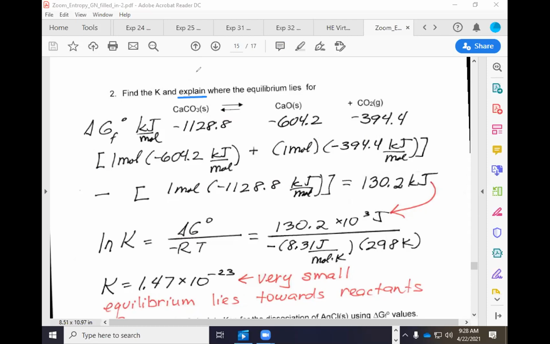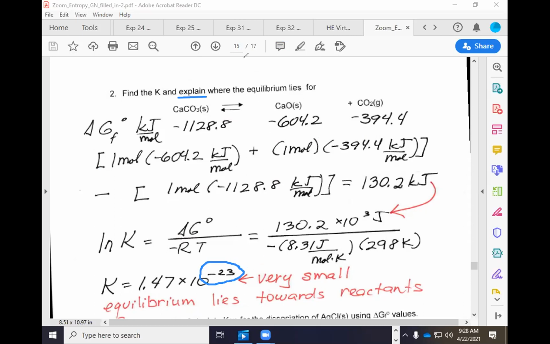So for this explain where the equilibrium lies, we could look at this. We just need to look at the exponent. The exponent is minus 23, which is so small, my brain can't even figure it out. Like, okay, 22 zeros and then the number. That's really small. What does that mean for the equilibrium?